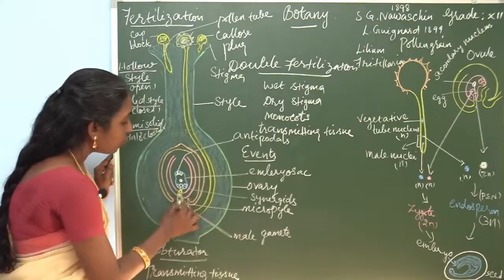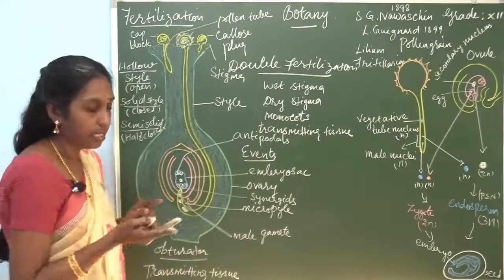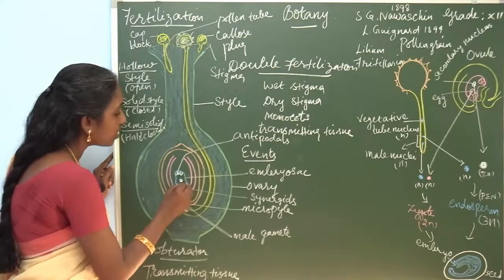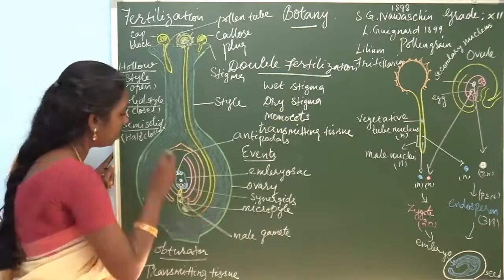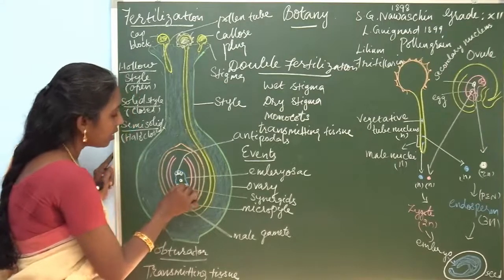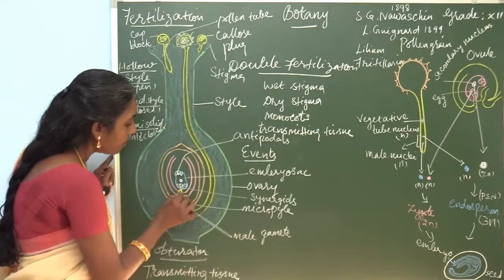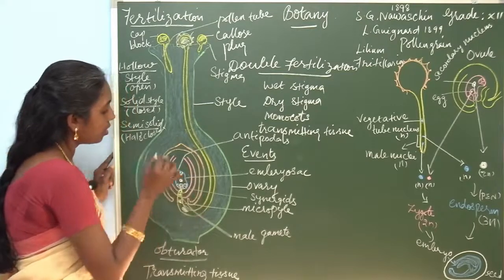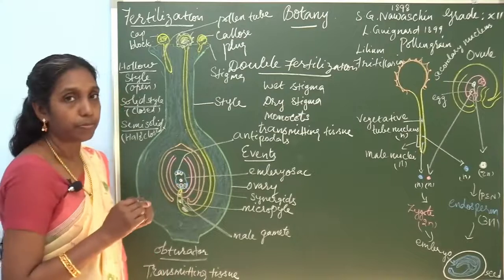Now, the pollen tube carries 2 male gametes. These 2 male gametes are discharged into any one of the synergids. Normally it enters towards the egg. In the center there is an egg, and one of the male gametes fuses with the egg.